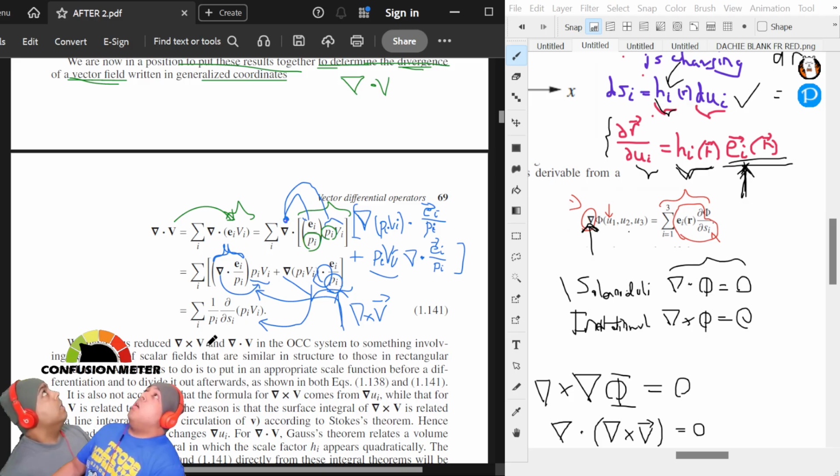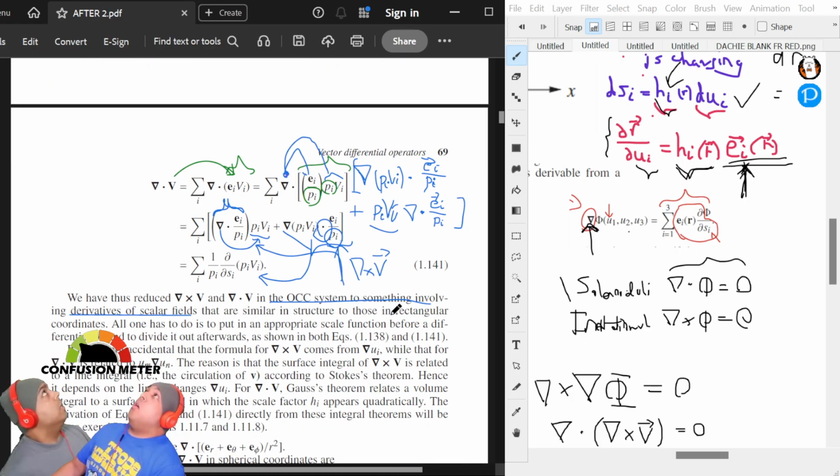We'd also reduce the curl of V and the divergence of V in the OCC system to something involving derivatives of scalar fields that are similar in structure to those in rectangular coordinates.